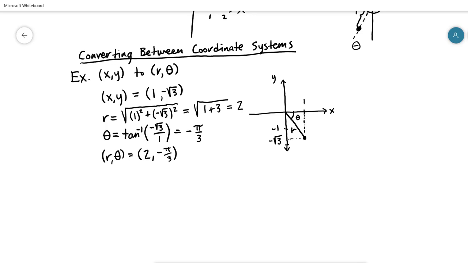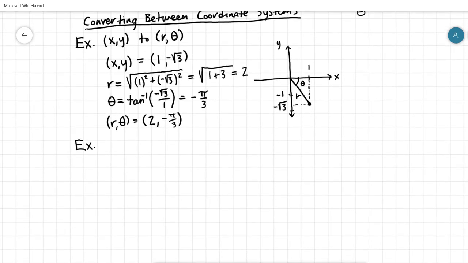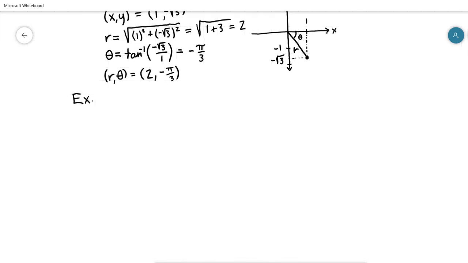Okay, let's do another one, but let's go the opposite direction. So for a second example of converting between coordinate systems, I want to go from r theta to x y.